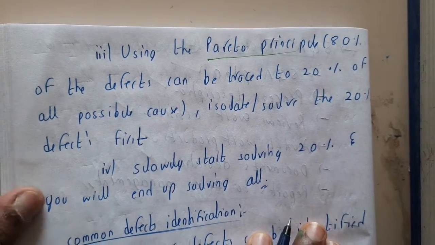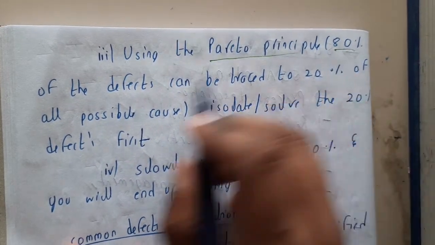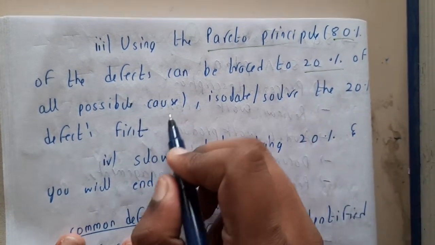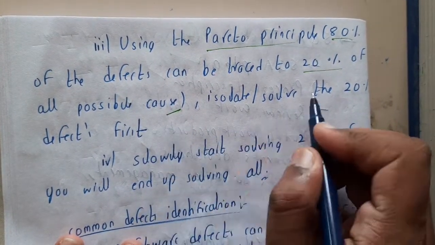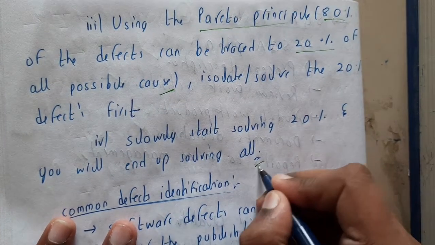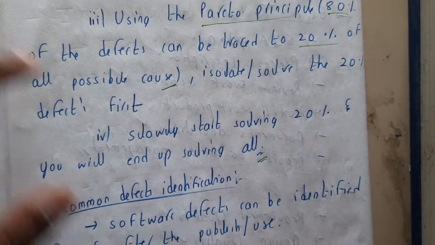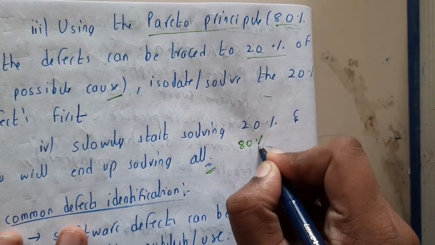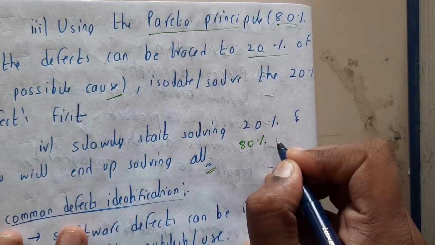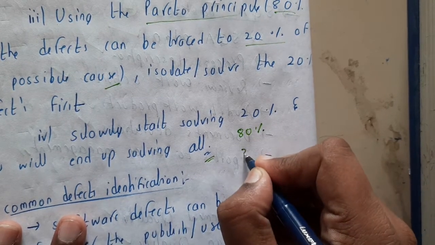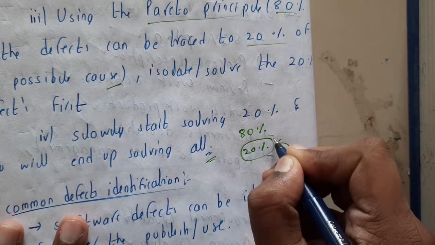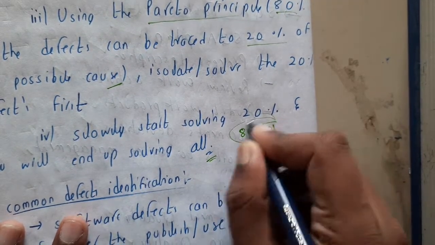It states that 80% of the defects can be traced to 20% of the possible causes, and if we isolate those 20%, we will end up with the solution. So if there are 80% issues, and you trace 20% and solve that 20%, indirectly the 80% will also get resolved.